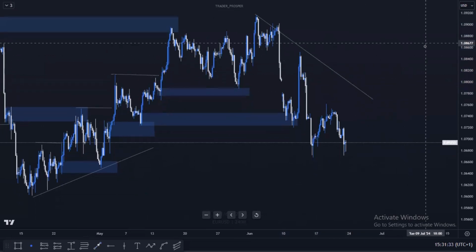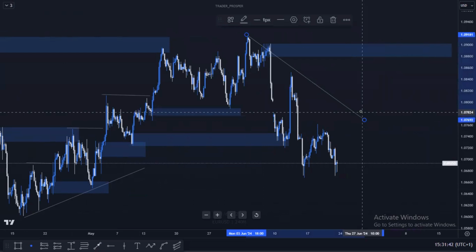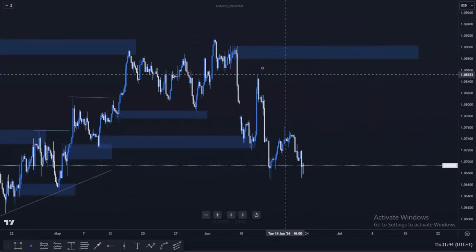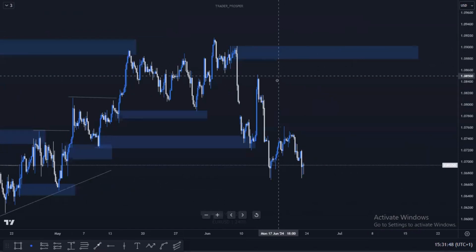Marking our supply zone, we'll mark this point here. But when price was supposed to come and mitigate the supply zone, it didn't.